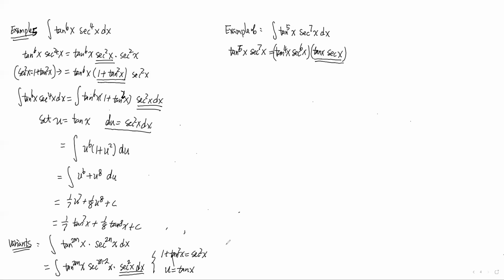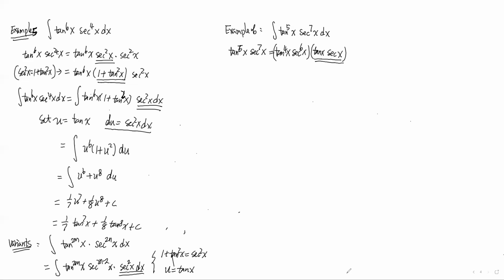So let's look at the variant. This is tangent 2n plus 1 x, secant 2m plus 1 x dx. For this, the method is the same. Tangent 2n x, secant 2m x.